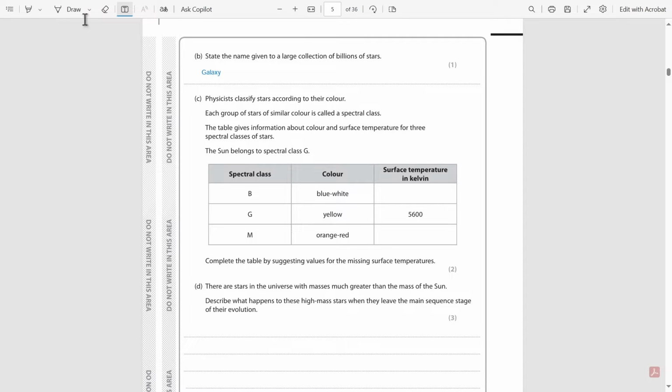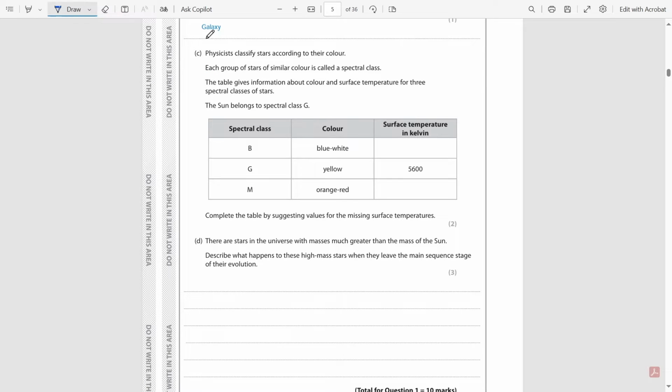Physicists classify stars according to their color. Each group of stars of similar color is called a spectral class. The table gives information about the color and surface temperature of 3 spectral classes of stars. The Sun belongs to spectral class G. We don't really need to know about this.